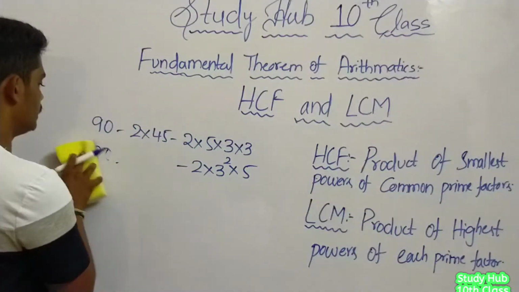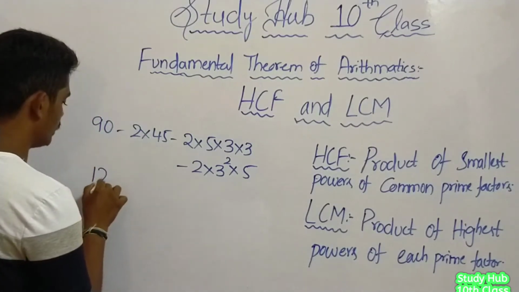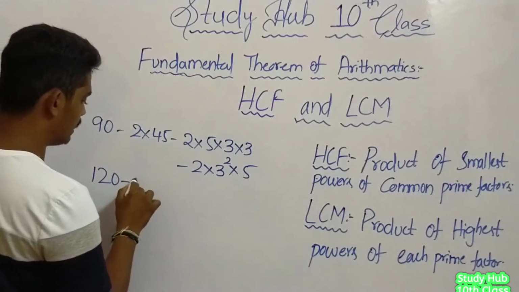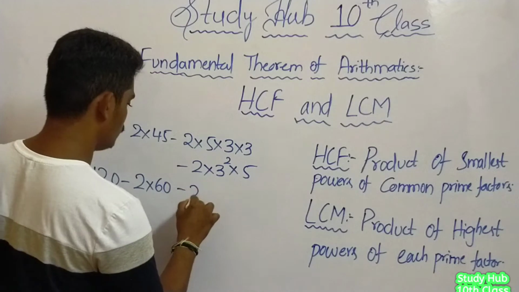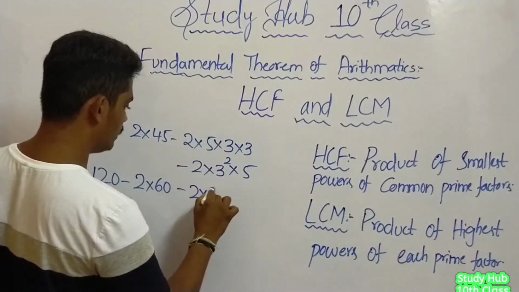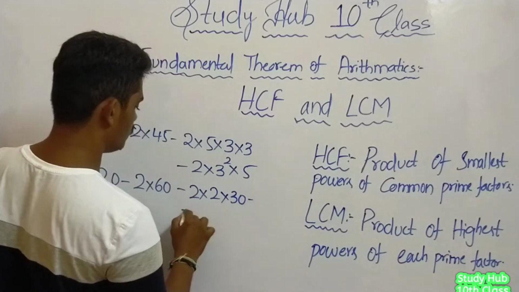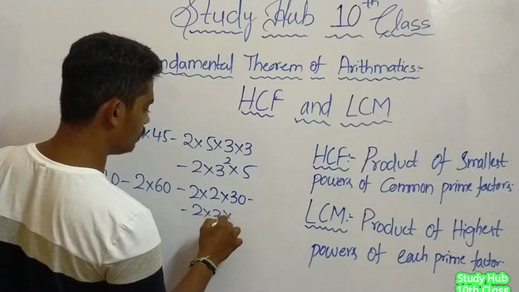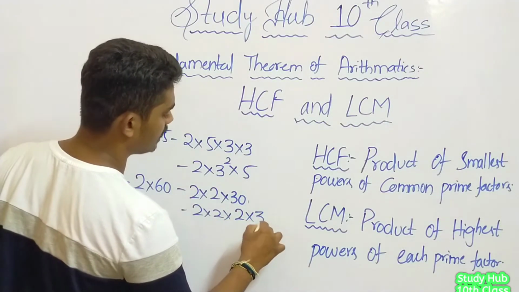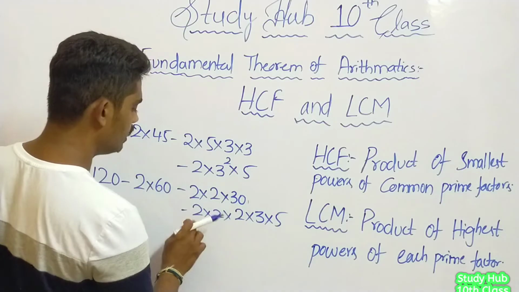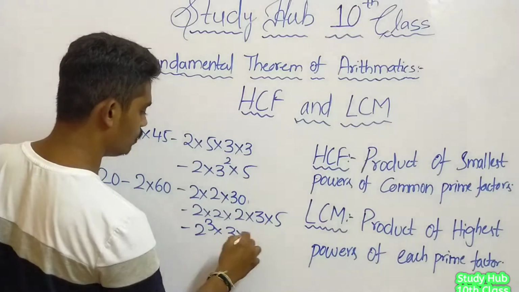Okay. Next, let us reduce 120. 120 I can write as 2 into 60. 60 is 2 into 30, and 30 I can write as 2 into 15. 15 we write as 3 into 5. 2 into 2 into 2 is 2 cube into 3 into 5.